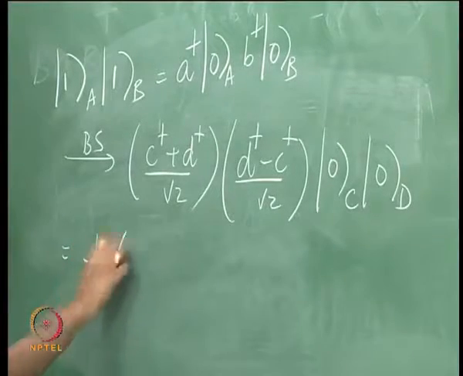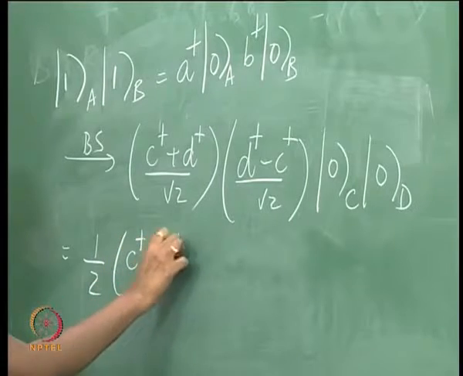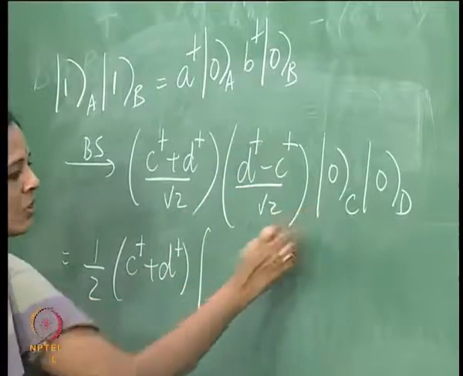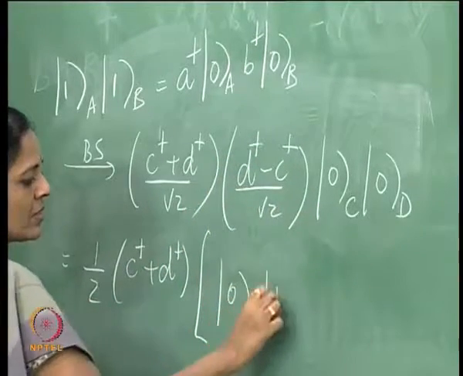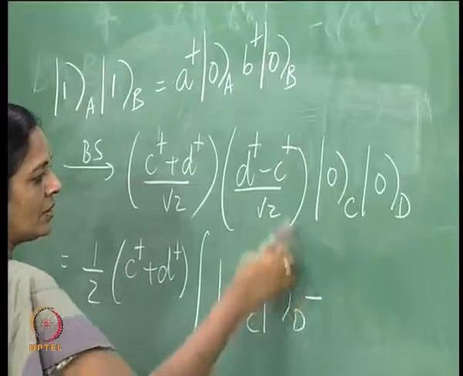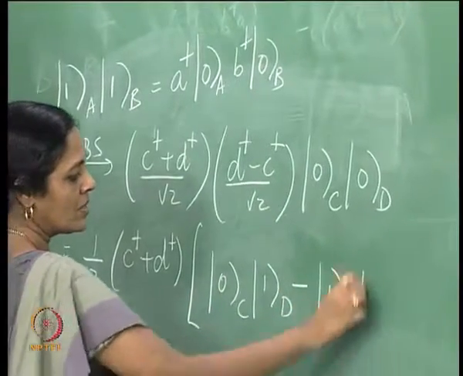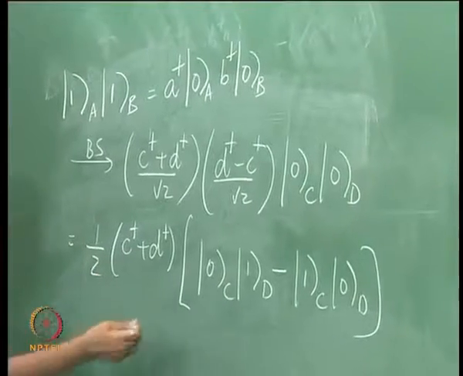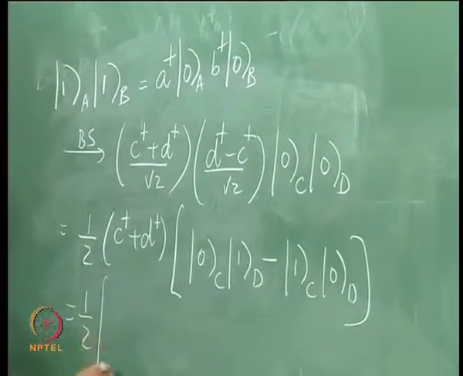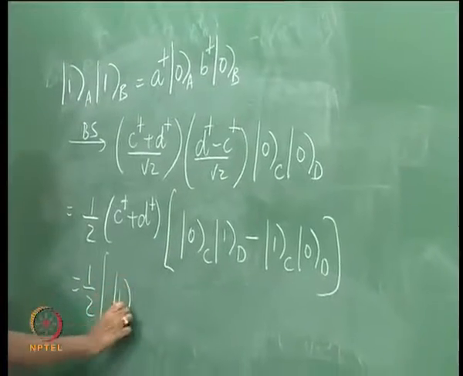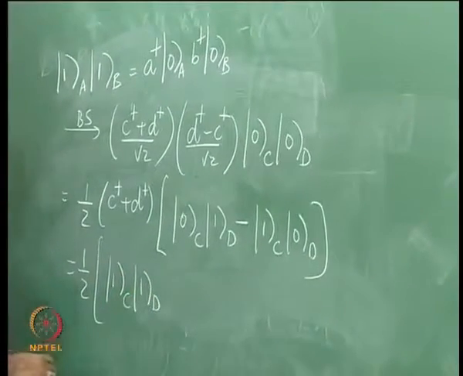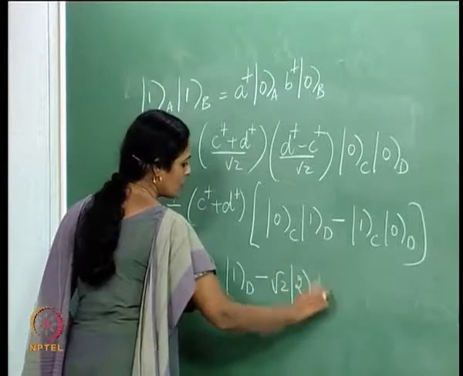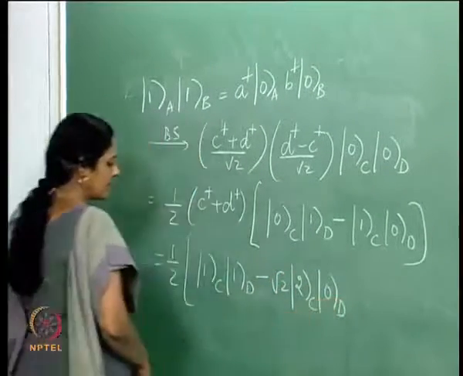and that is a half C dagger plus D dagger. The action of D dagger on 0C 0D is 0C 1D. The action of C dagger is 1C 0D. Now, once more, the action of C dagger on the first term is 1C 1D, and on the second term is minus root 2 2C 0D.